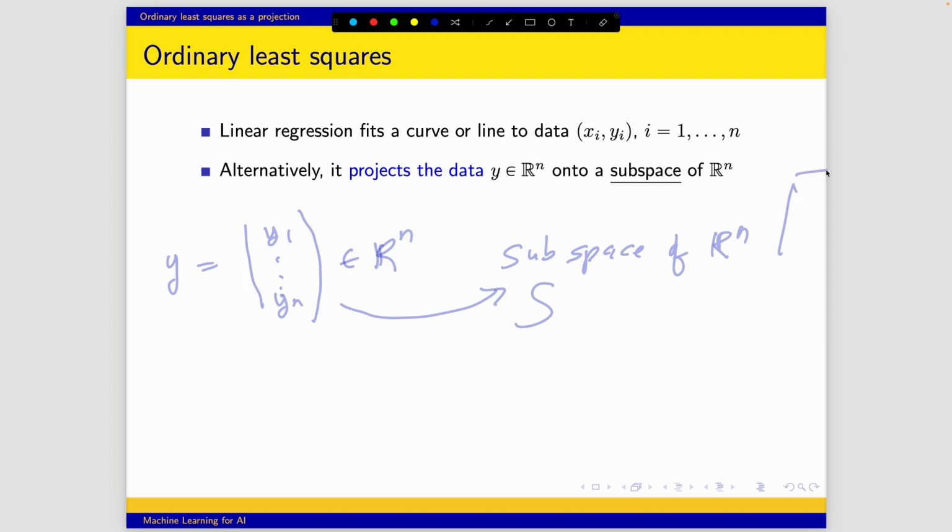Rn is a huge space, right? And we're going to project this y, our vector of targets, onto just some portion of Rn, a subspace we can call S. And we want to characterize this subspace. We want to see exactly what this subspace is.